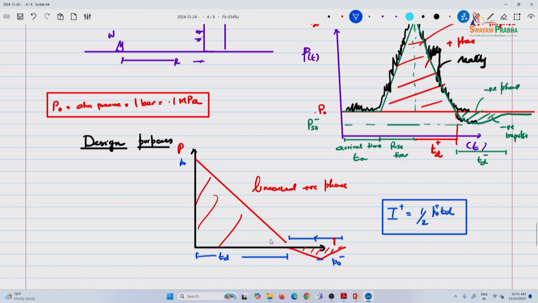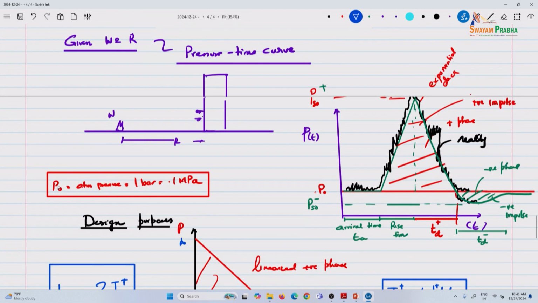So, the way TD is calculated is TD equals 2 I plus divided by P naught. These two P naughts are the same.